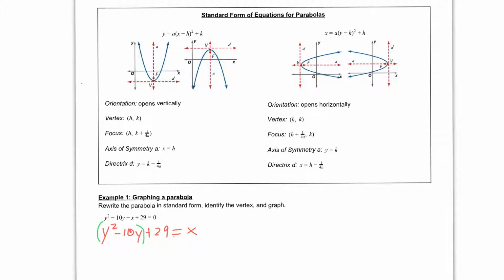So I'm going to get y squared minus 10y plus some number, and then I'm going to do my plus 29, and then I need to add the opposite of that number on the outside, and that's going to be equal to x.